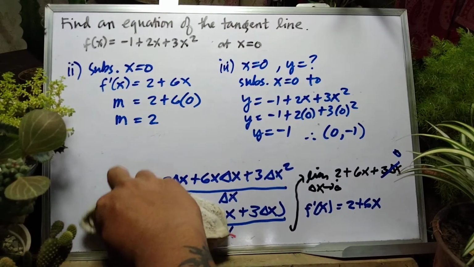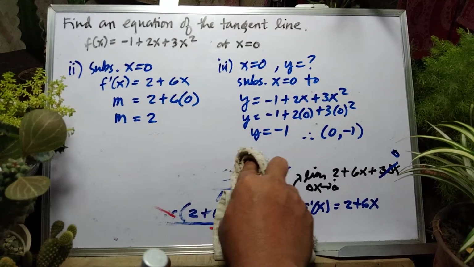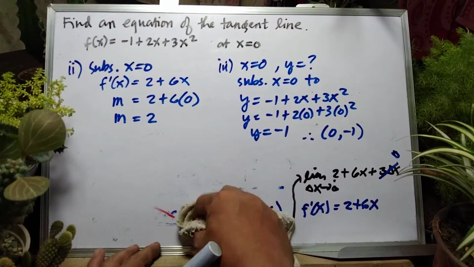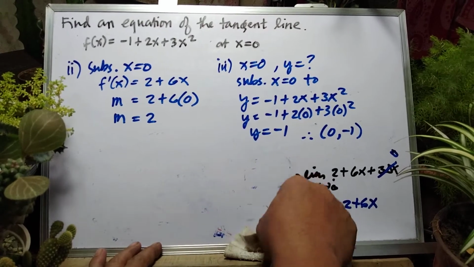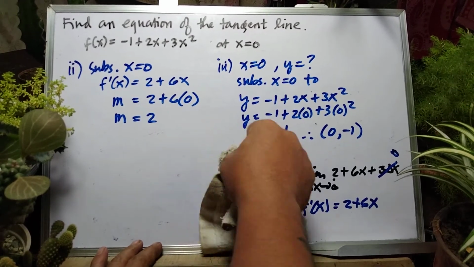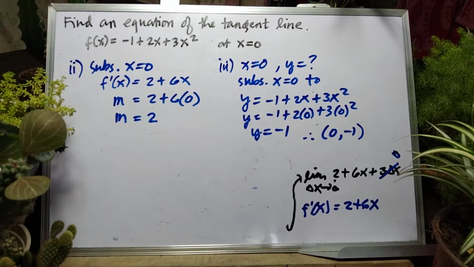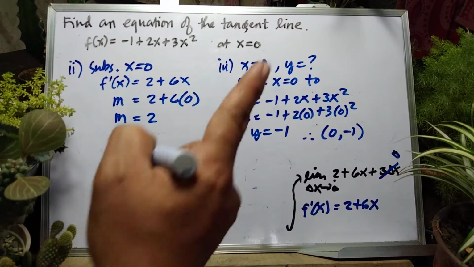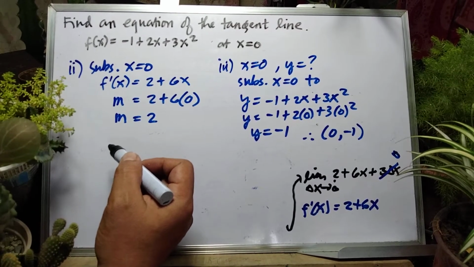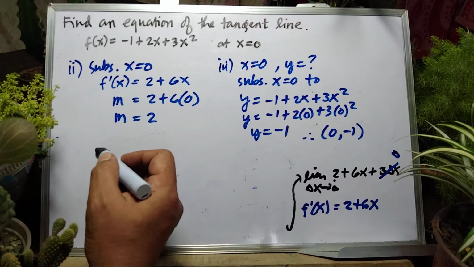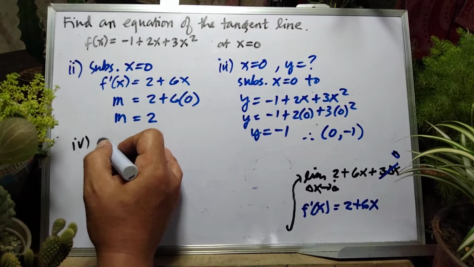To find the equation of the tangent line, we need to substitute the slope m and the point to the point-slope form. Okay? Kadumdum pa mo sa point-slope form sa inyong algebra o sa inyong geometry. Okay, step 4.